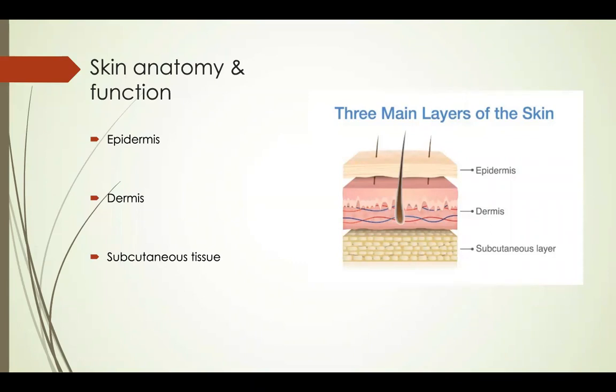This is what gives us our skin strength and flexibility, and it provides nourishment to the epidermis. Think about the food for our skin: the oxygen, minerals, nutrients, anything like that. The dermis provides it, because you don't have any of those capillaries in the epidermis. So that's where it gets fed.